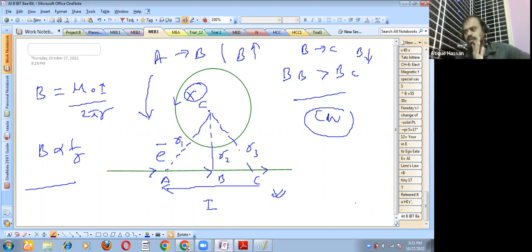And when the electron moves away, the current will be in the opposite direction. Therefore, two directions of current will be there, whether clockwise or anti-clockwise. Here we are not concerned about the direction. We are only concerned that the direction of current will be opposite while approaching and going away.